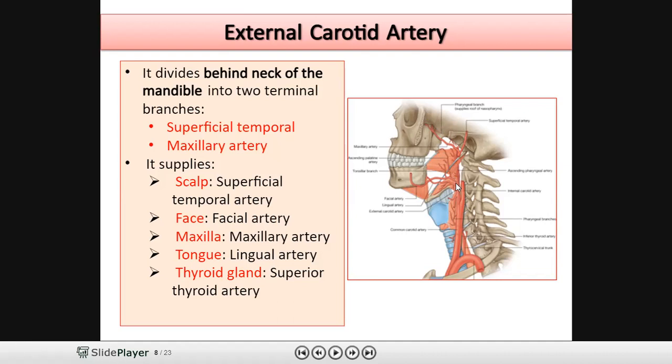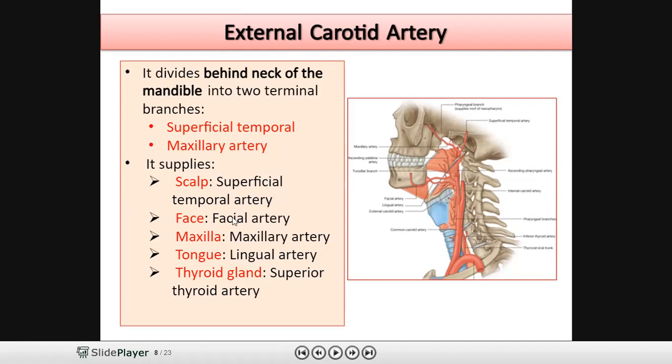So what are the other branches of the external carotid artery? The other branches are the superficial temporal artery, which we already mentioned, but this superficial temporal artery goes to supply the scalp and the temporal aspects of the head.